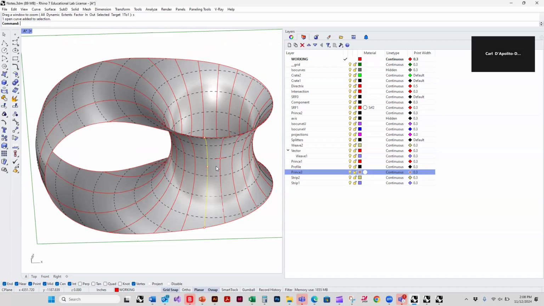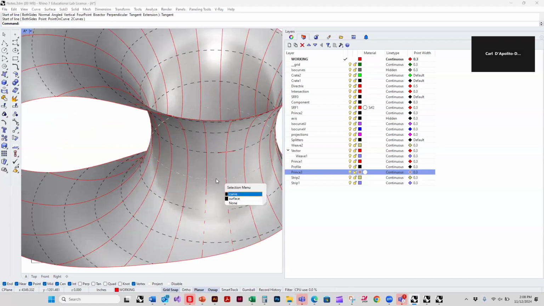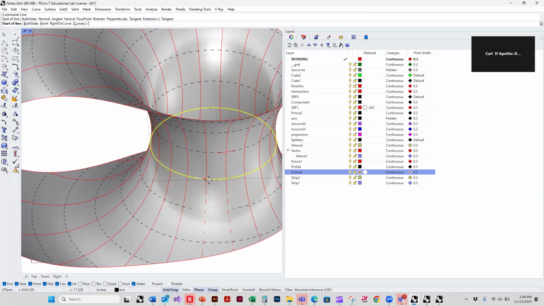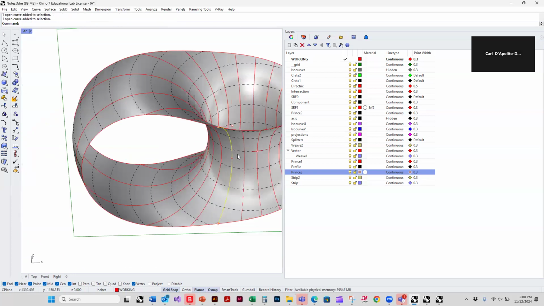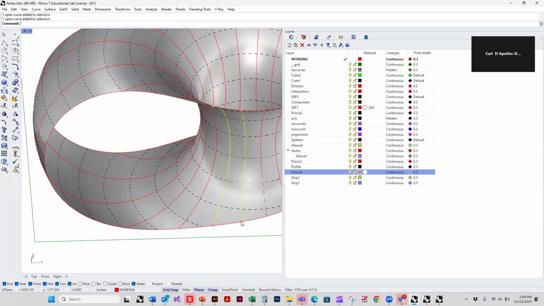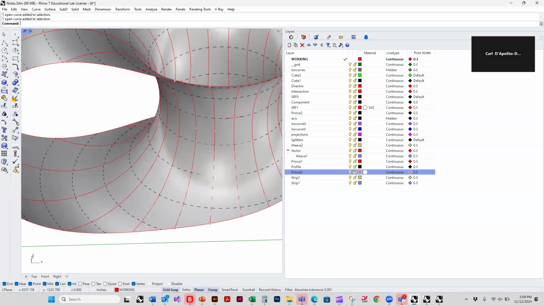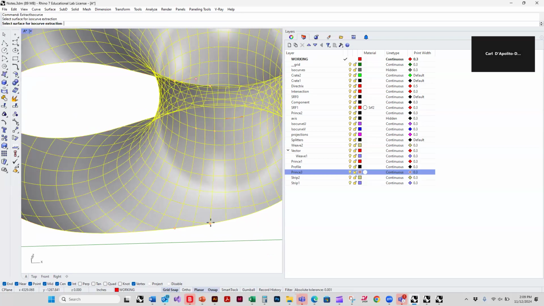But I just want to show you what can happen here, which is if I were to extrude, if I were to take the tangent here from this intersection point. Actually, I think I'm just going to loft. If I loft between, well, I can't do that because, okay.